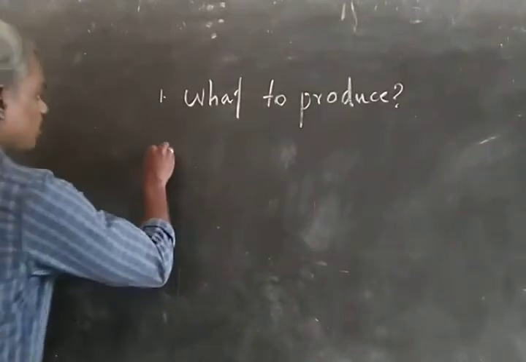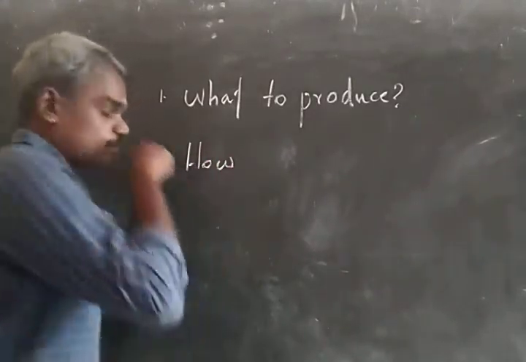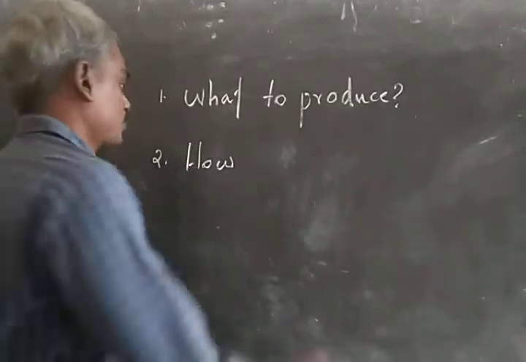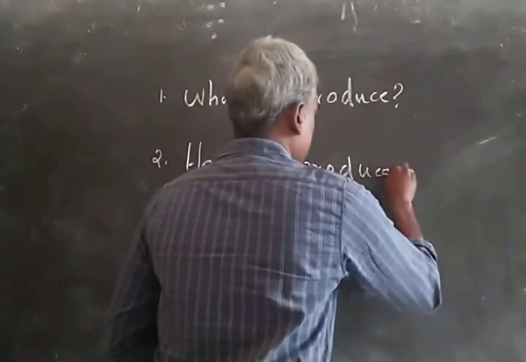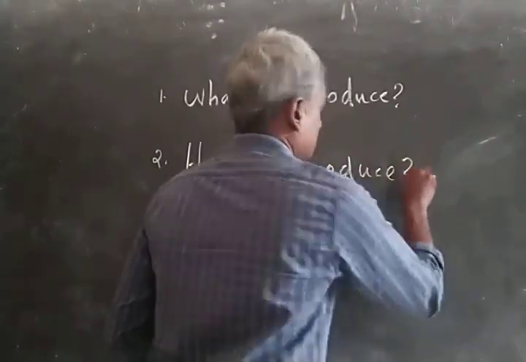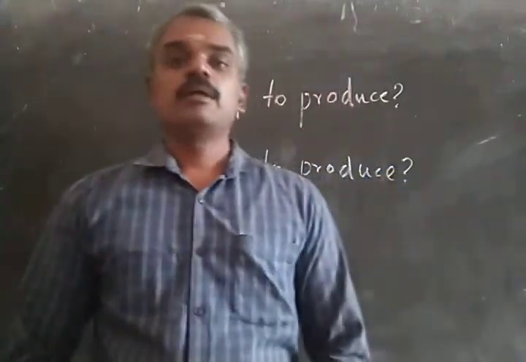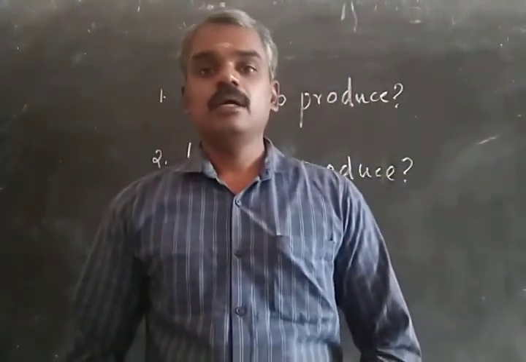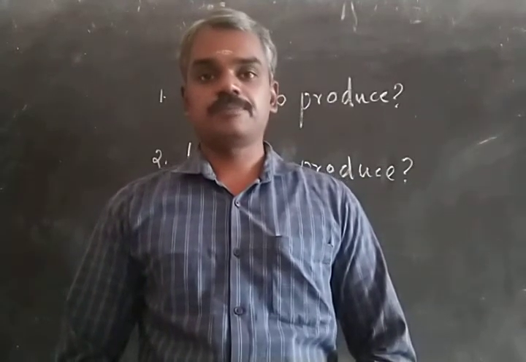The second basic problem that the economy faces is with regard to the technique of production, or how to produce. Once the question of what to produce has been addressed, the economy has to decide what technique has to be used in producing commodities.